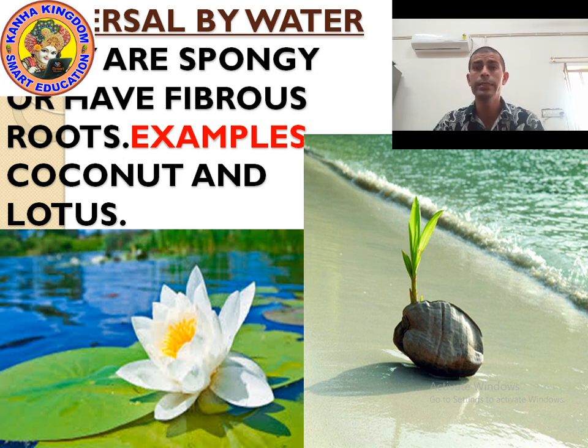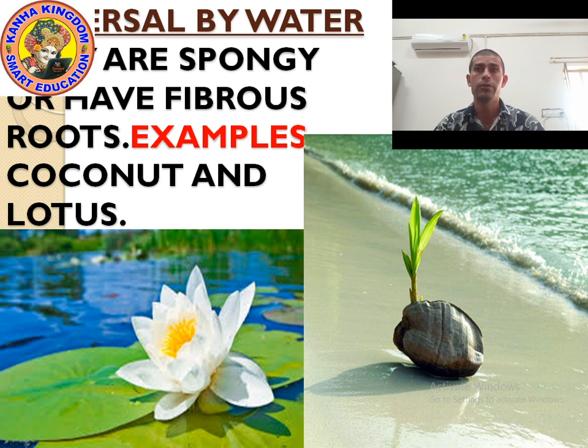Okay, you can see the picture of coconut and lotus. With the help of water, they easily go away from one place to another place. As you know, most of the coconut trees grow near the coastal area. When the coconuts fall, then with the help of water they easily move away from one place to another.